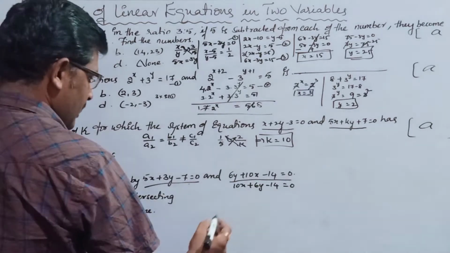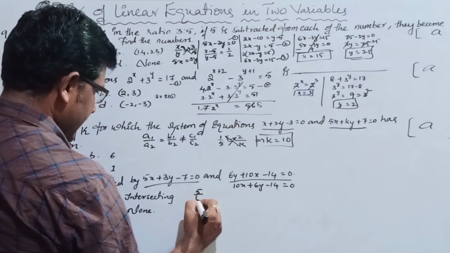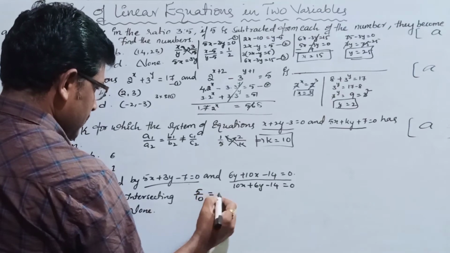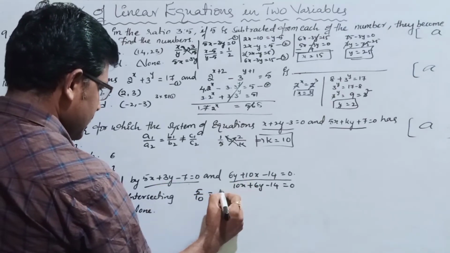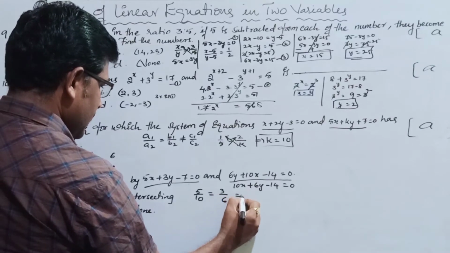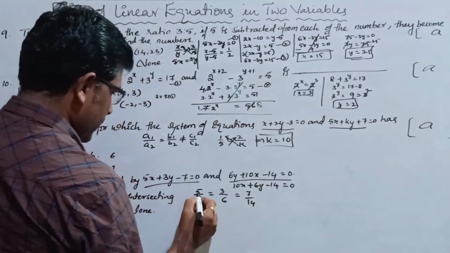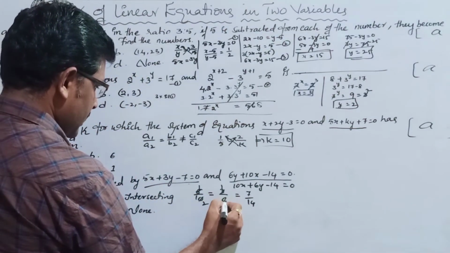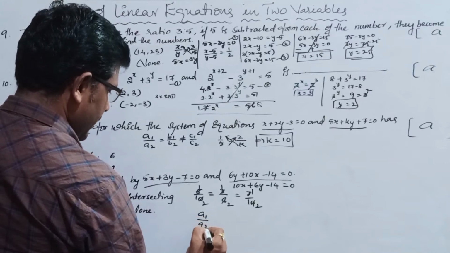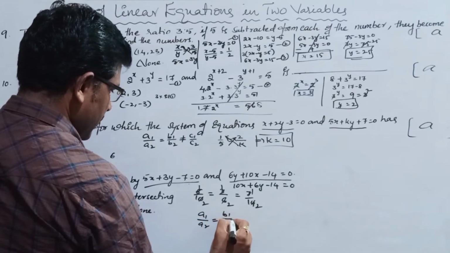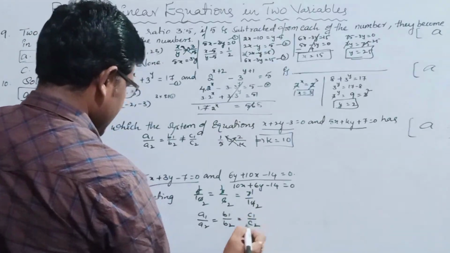Okay, let's check. A1 by A2, 5 by 10, is equals to B1 by B2, 3 by 6, is equals to C1 by C2, 7 by 14. That means 5 ones are 5, 5 twos are 10, 3 ones are 3, 3 twos are 6, 7 ones are 7, 7 twos are 14. So A1 by A2 is equals to B1 by B2 is equals to C1 by C2.